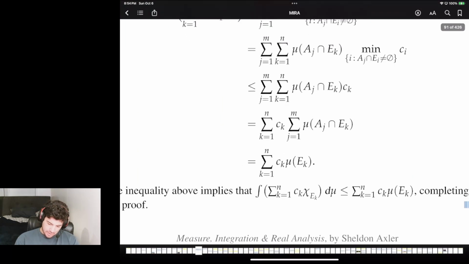Okay, and then when we sum over the measure of Aj intersect Ek, we get the measure of Ek.